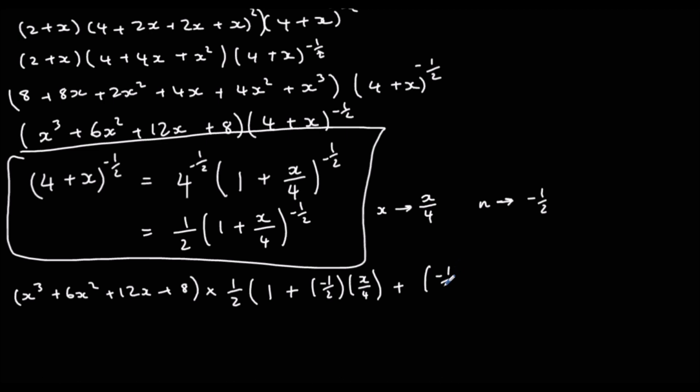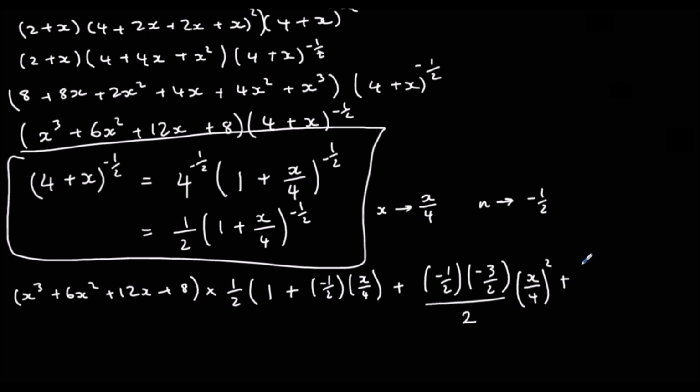So minus a half times minus 3 over 2, over 1 times 2, which is 2, times x squared. So x over 4 squared. So that's the first 1, 2, 3 terms.